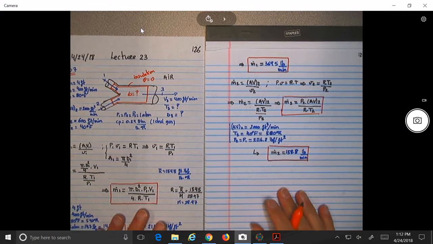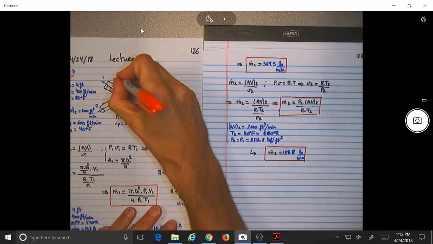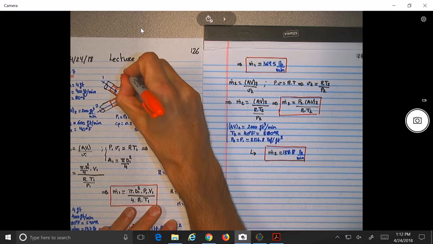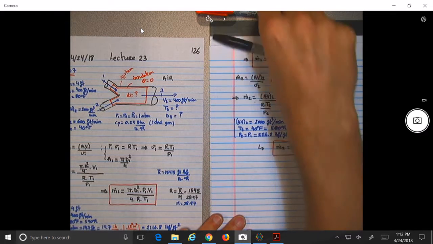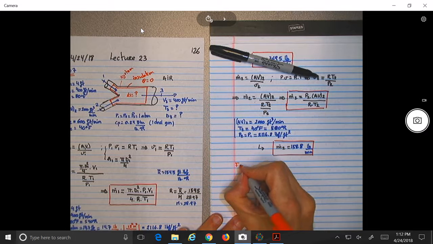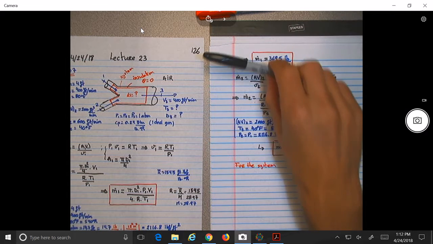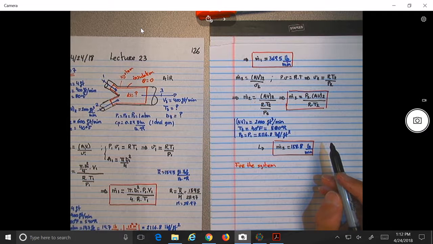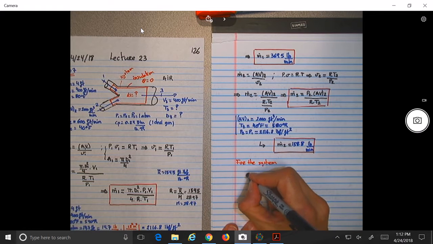Okay, so now, all this stuff because we need to find T3. In order to find T3, let's say this is the same as the insulation. Let's say this is our system. So for the system, let us write down the first principle of thermodynamics.